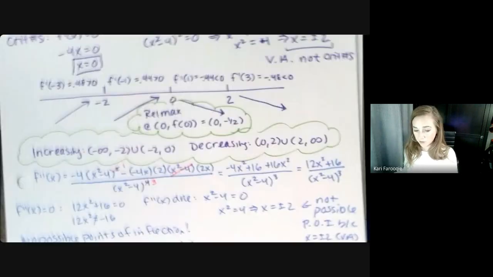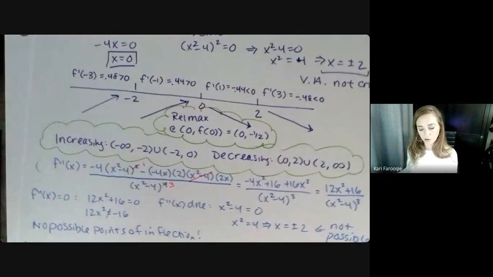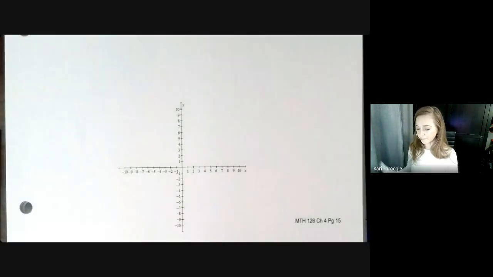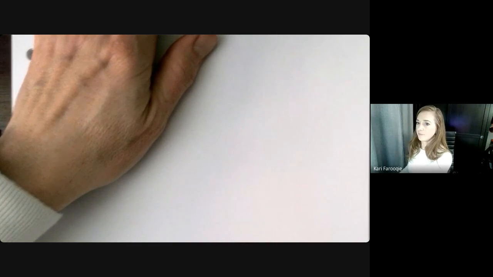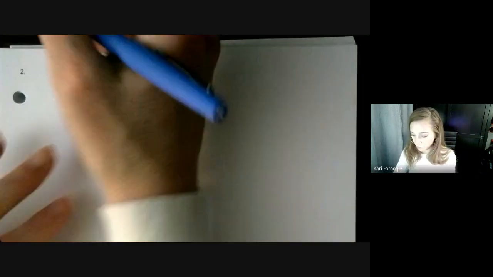Next. Hopefully that gave you a chance to catch up a little bit. Number 2. This is the function. I'm going to start it up a little bit higher just because we're going to need a lot of space to do this.